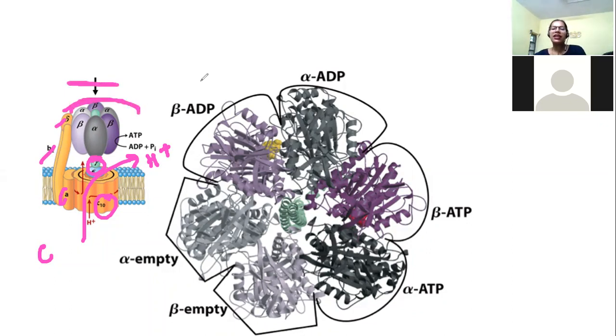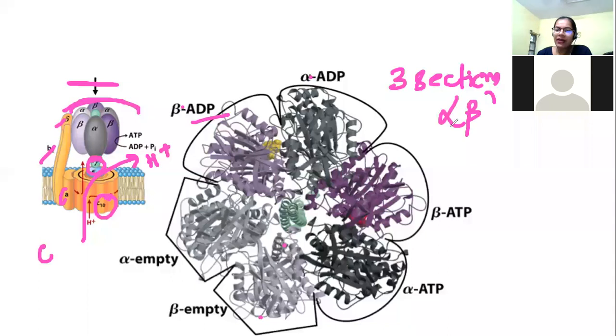Now, how does the top view of this F1 particle look like? It looks something like this. So you have got alpha, beta, ADP, alpha, beta, ADP, alpha, beta, ADP. Now, what you have to understand here is there are 3 sections of alpha and beta. First, your alpha beta is empty.